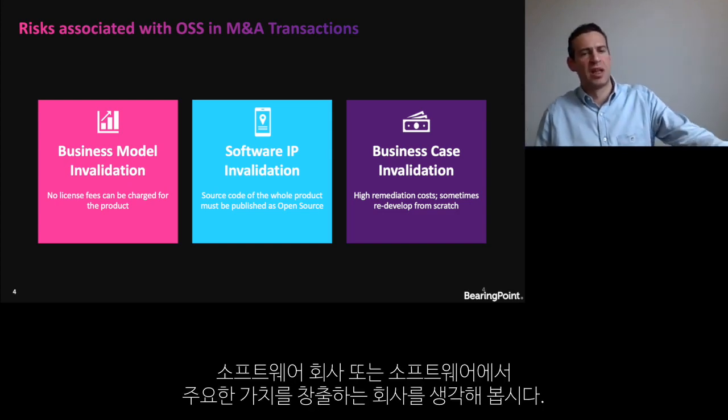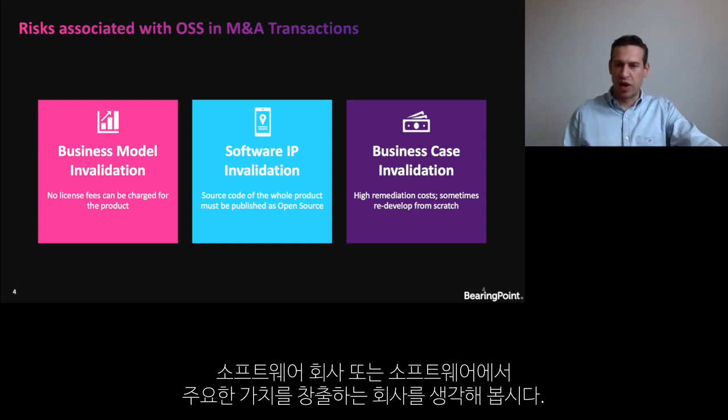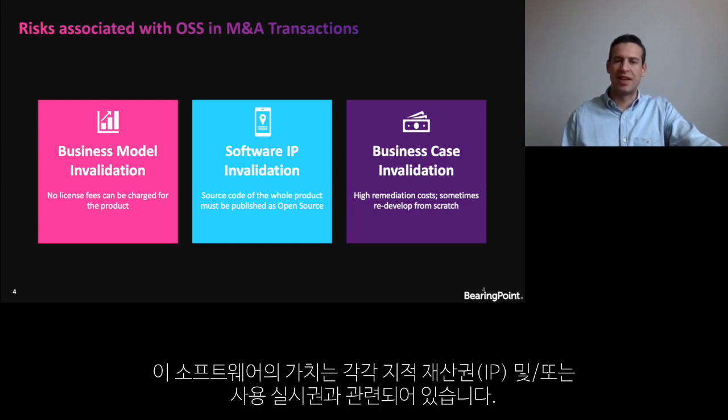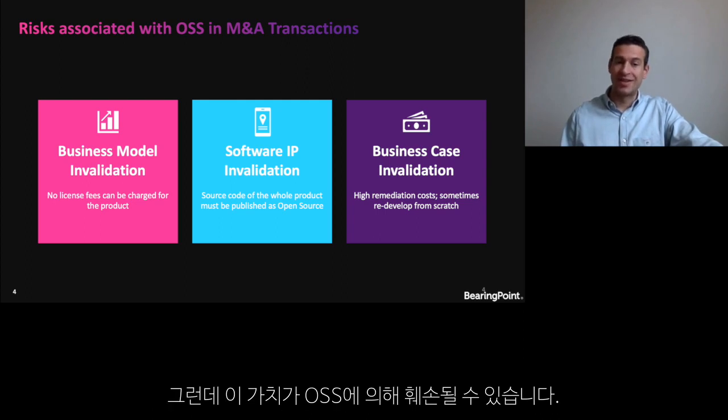Why is that? If you take a software company or a company that derives its main value from software, this value is tied to the intellectual property right and/or the right to use, respectively, to commercialize the IP. And this can be limited by the use of open source software.